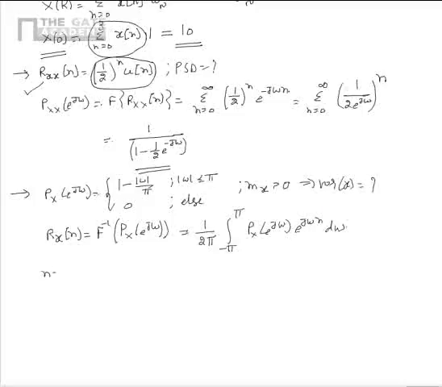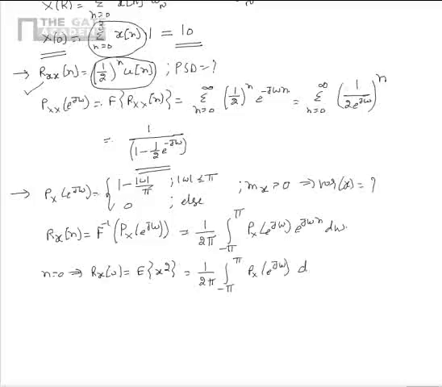Upon substituting n equal to 0, we see that Rx[0] is equal to the expectation of x squared, which is 1/(2π) times the integral from −π to π of Px(e^jω) dω.